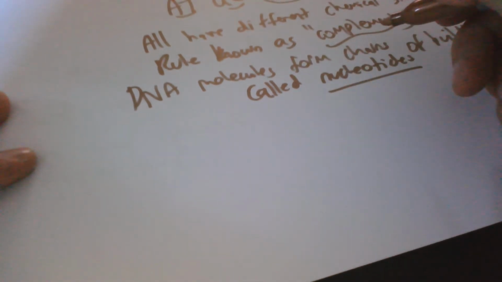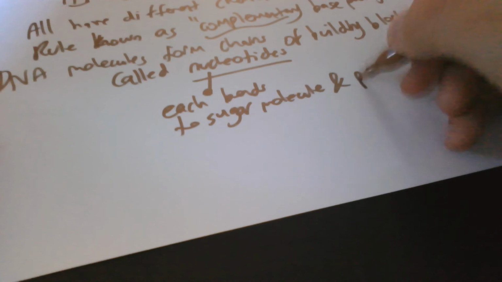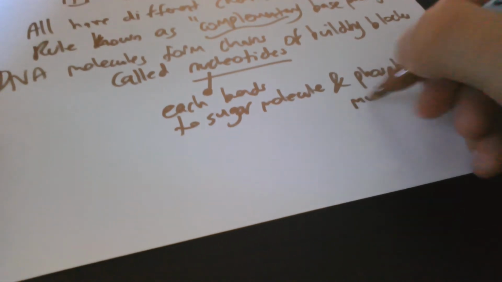Each nucleotide consists of a sugar molecule bonded to a phosphate molecule. If you just focus on the uprights of the DNA: sugar, phosphate, sugar, phosphate, sugar, phosphate. That's what nucleotides are. They're the building blocks of DNA.